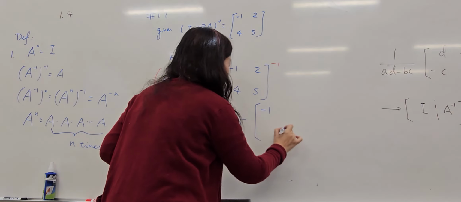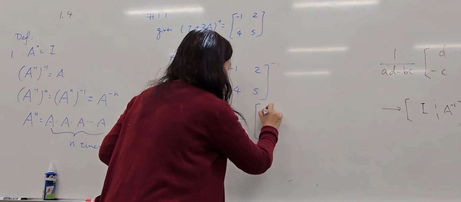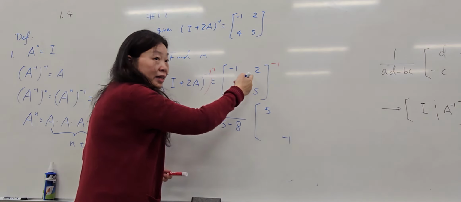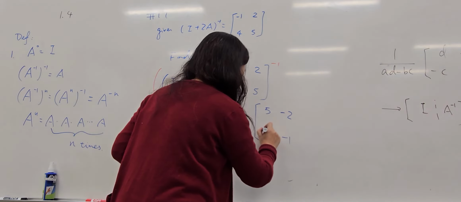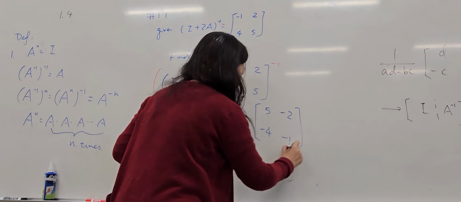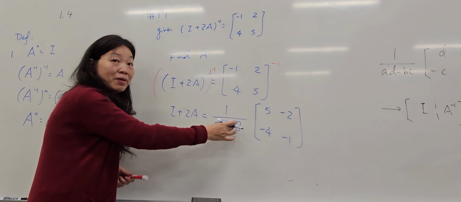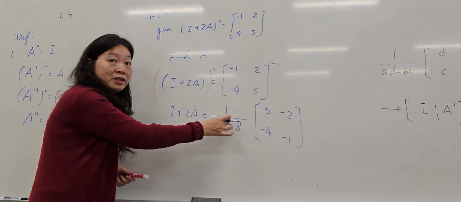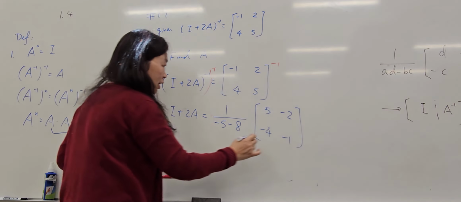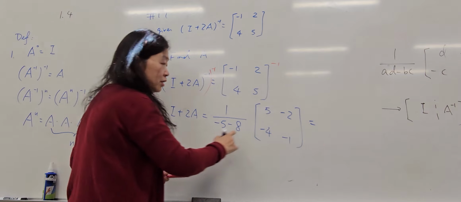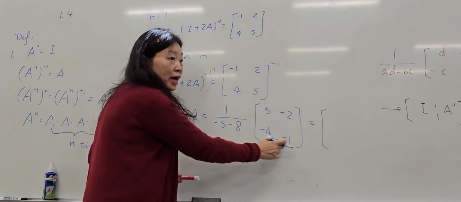Switch the main diagonal. And then negate these two, okay? And you multiply it together, you add them together, it becomes negative 13, right? Negative 13 goes inside, okay? Now this is a negative 13 here.